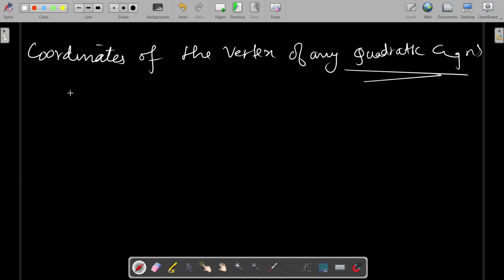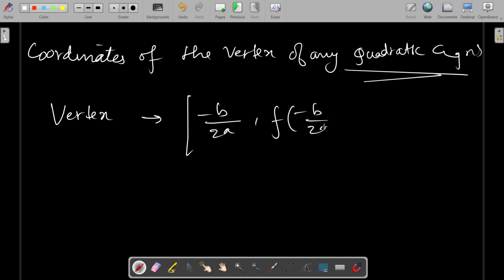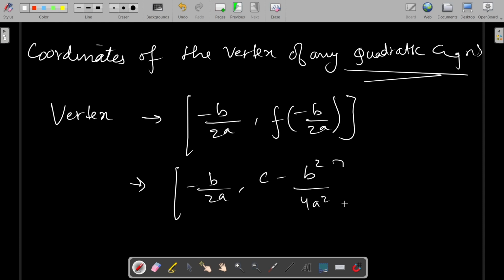So we can say that the vertex is going to have the coordinates minus b by 2a and f of minus b by 2a, which is just minus b by 2a and c minus b squared by 4a squared.